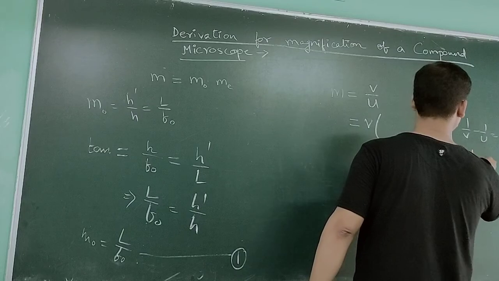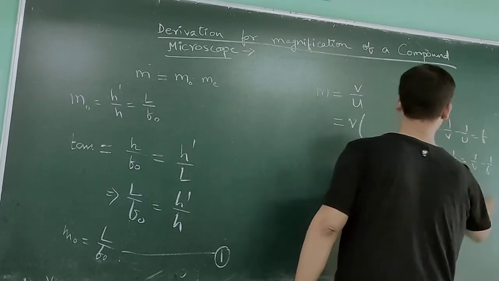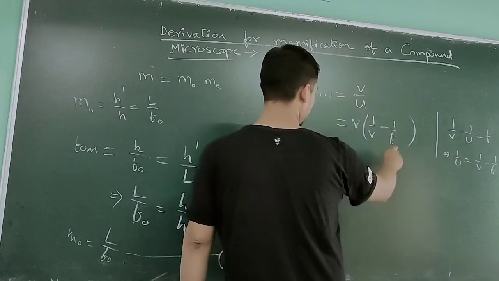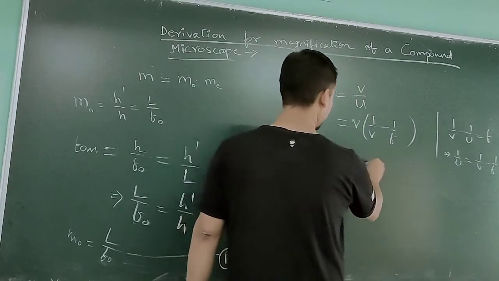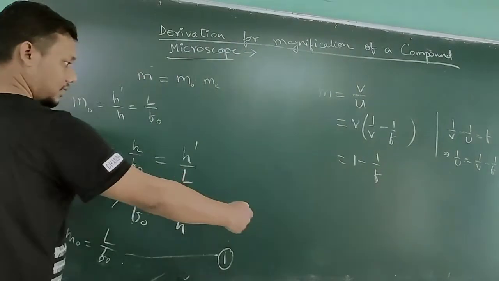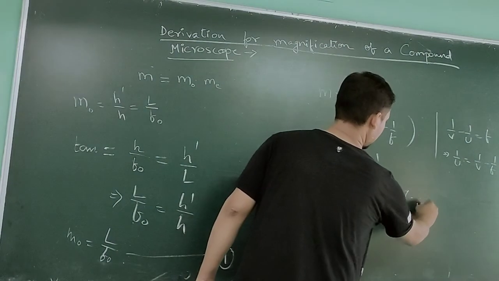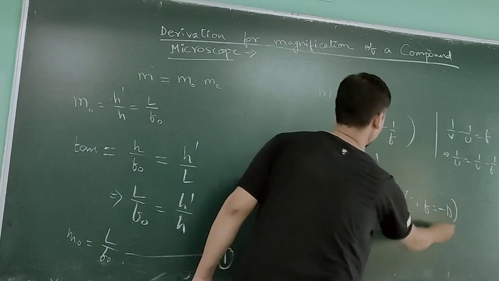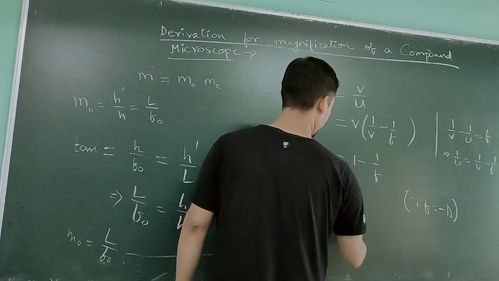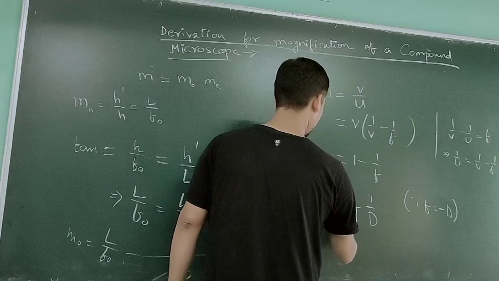Therefore 1 by u is equal to 1 by v minus 1 by f. Multiplying, I get 1 minus v by f. But the image distance is on the negative side, that is minus d. So since v is equal to minus d, this equation becomes 1 plus d by f.